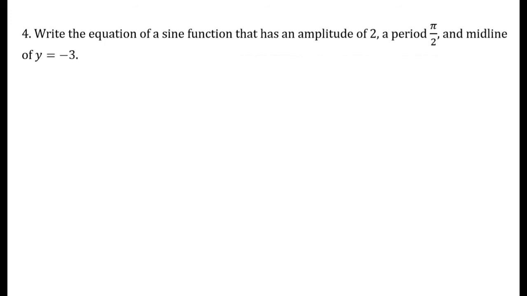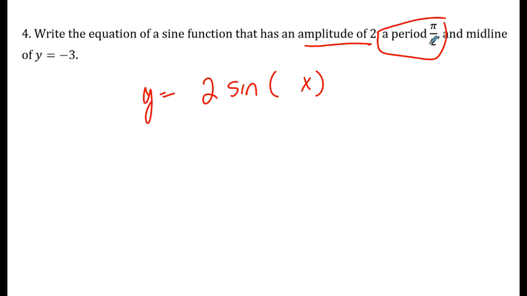Write the equation of a sine function. So y equals the sine of x such that it has an amplitude of 2. The amplitude's the coefficient. A period of pi over 2. We don't see the period in the equation. The frequency goes there. And a midline of y equals -3. Those are the easy parts. To get the b value, to get the frequency, that's what goes here.